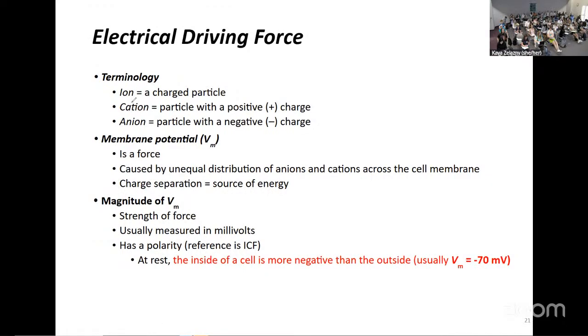So we've got our cations, T for that plus. We've got our anions. I'm going to pick out the N for negative, right? Both of them are going to have to respond to this electrical driving force. They attract each other, they repel each other, and we'll pick up here and think about how they're creating something called the membrane potential and then responding to it.